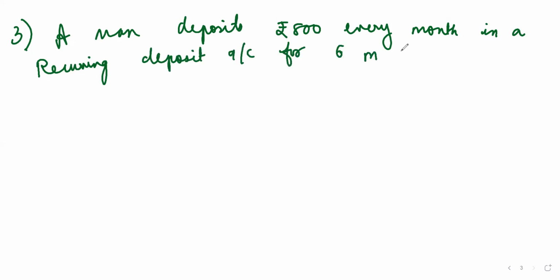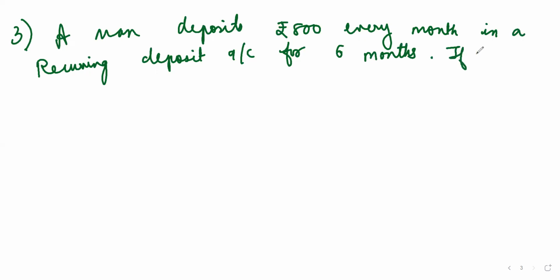So remember, in these types of problems, this is related to banking, you have to express the duration in terms of months. If it's given in years, multiply by 12 and you'll get the corresponding months.